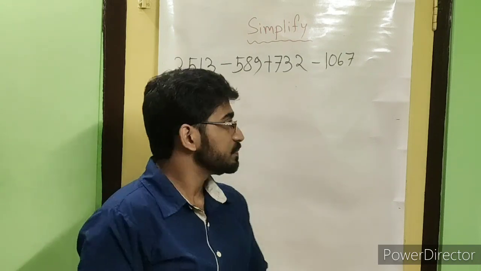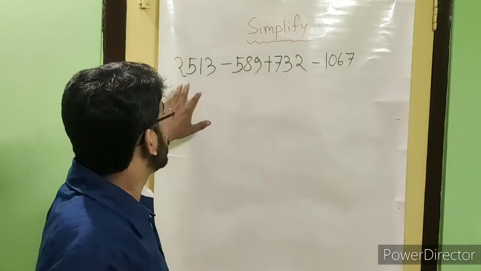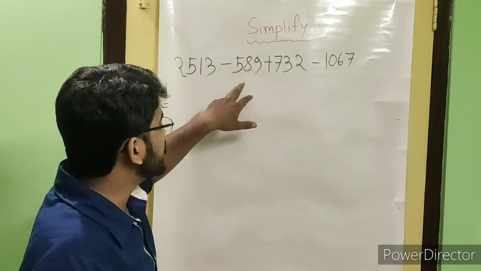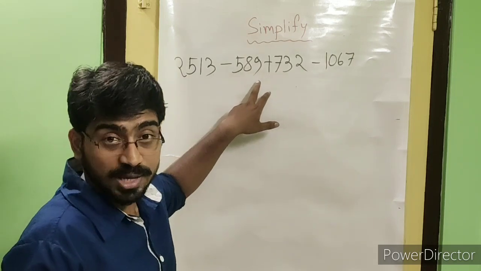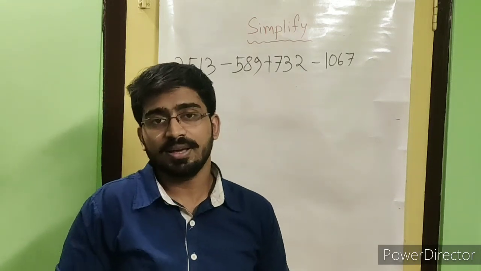So let's start. Now you can see I have given a particular question: 2513 minus 589 plus 732 minus 1067.